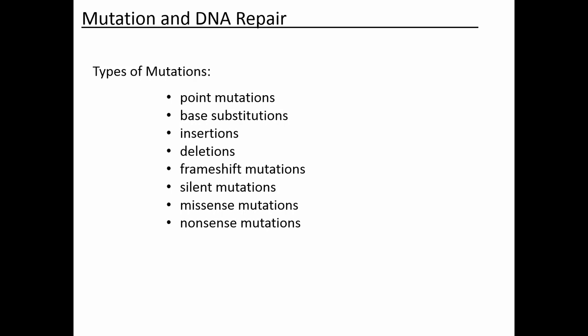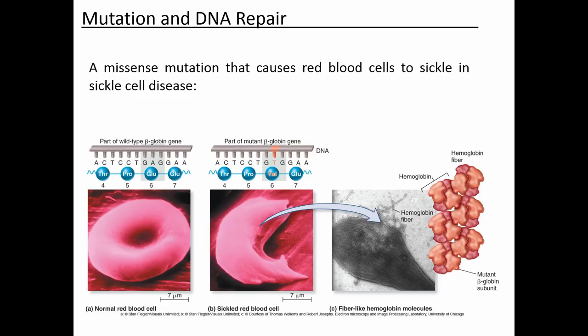Okay. So this is just an example of a base substitution within a gene that codes for a protein that ends up having a drastic effect on the organism. The mutation that causes sickle cell disease is a base substitution that results in a missense mutation.